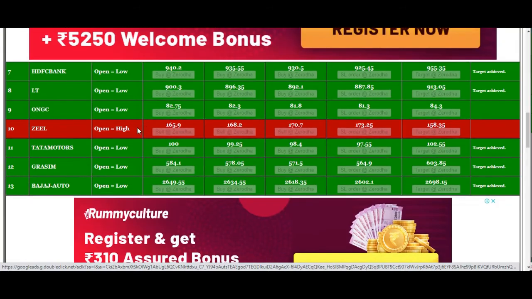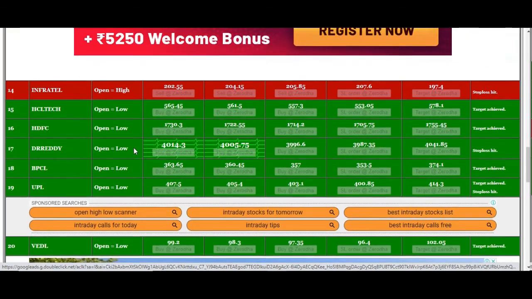And if there is an open equal to high, it means there is something bad about this stock for the day, and the stock keeps moving down after opening. So you can go on the sell side for open equal to high, and on the buy side for open equal to low.